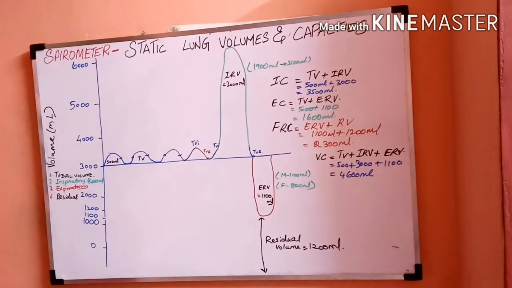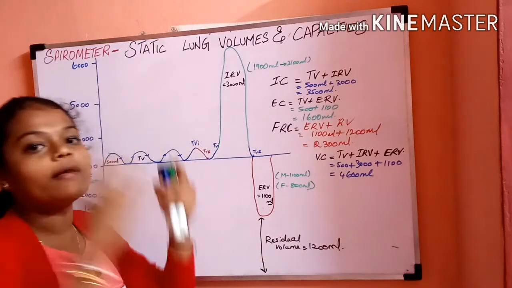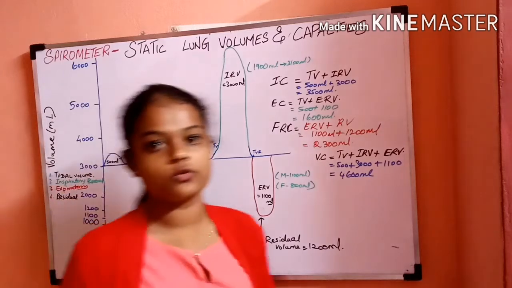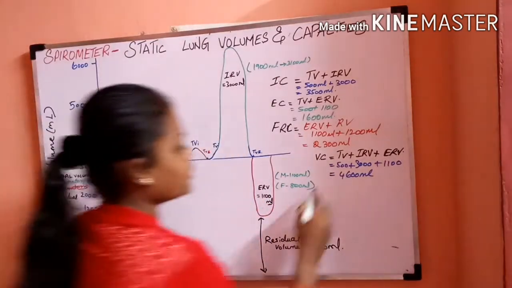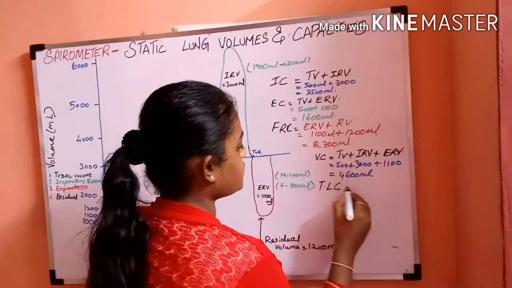Okay, now we have to calculate the whole lung capacity, the total lung capacity. What is total lung capacity? The tidal volume, inspiratory reserve volume, expiratory reserve volume and residual volume, all together, give total lung capacity.